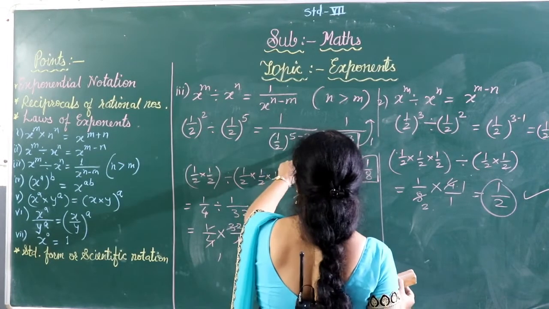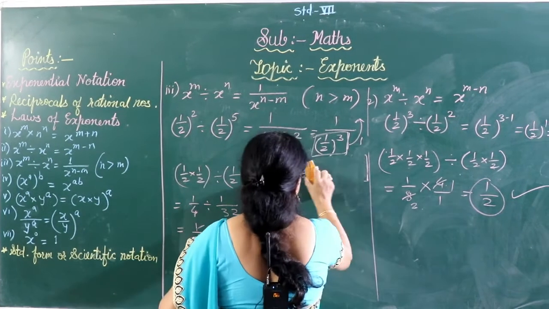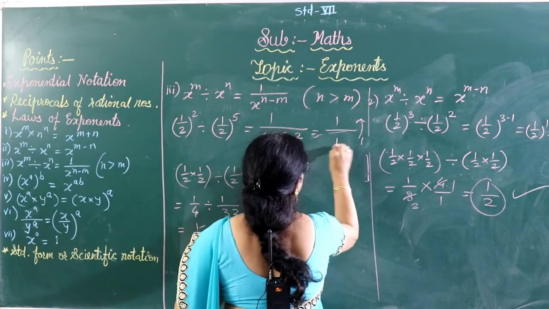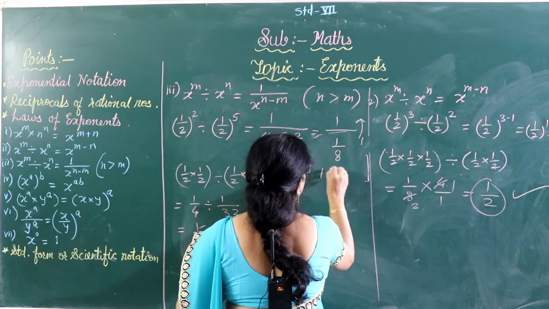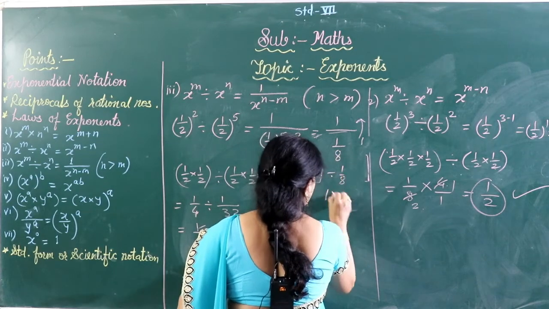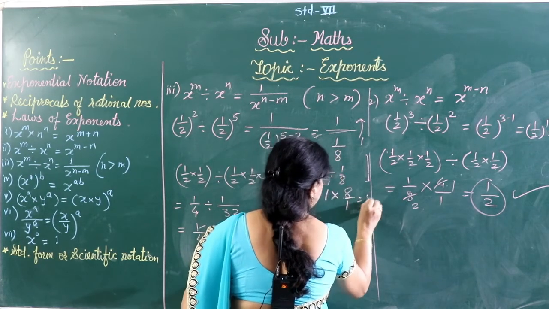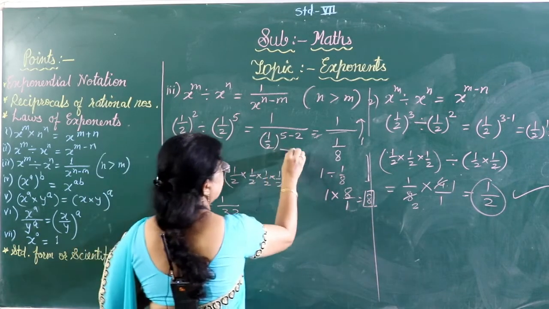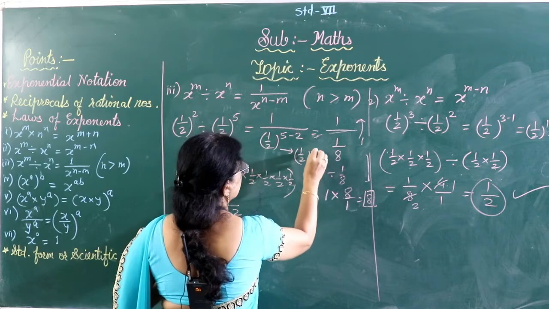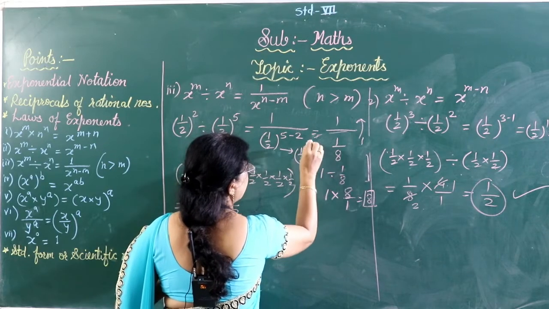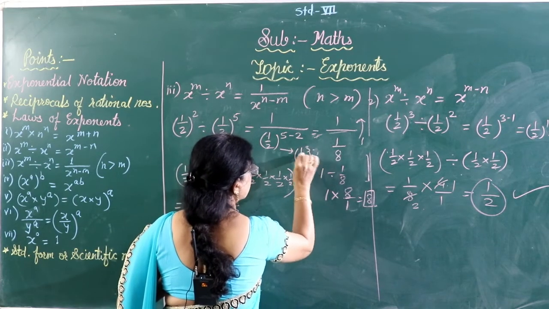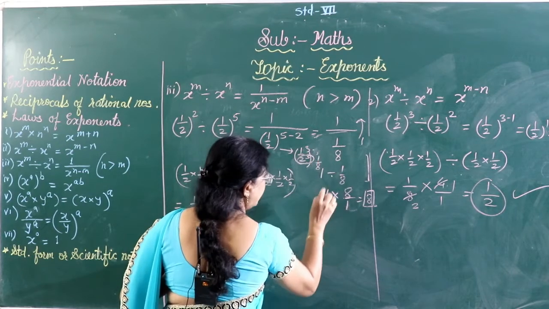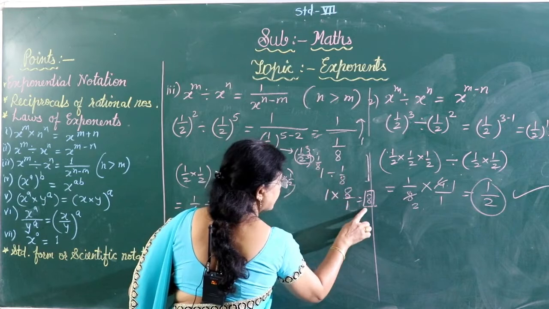Okay. 1 upon 2 raised to 3 means this will go in the numerator, 2 cube will be 1 upon 8, and 1 divided by 1 upon 8 means 1 into 8 by 1, so we will get the answer. Understood? Here 1 upon 2 raised to 3 means 1 raised to 3 upon 2 raised to 3, 2 raised to 3 means 1 upon 8, and 1 divided by 1 upon 8 we will get the same answer.